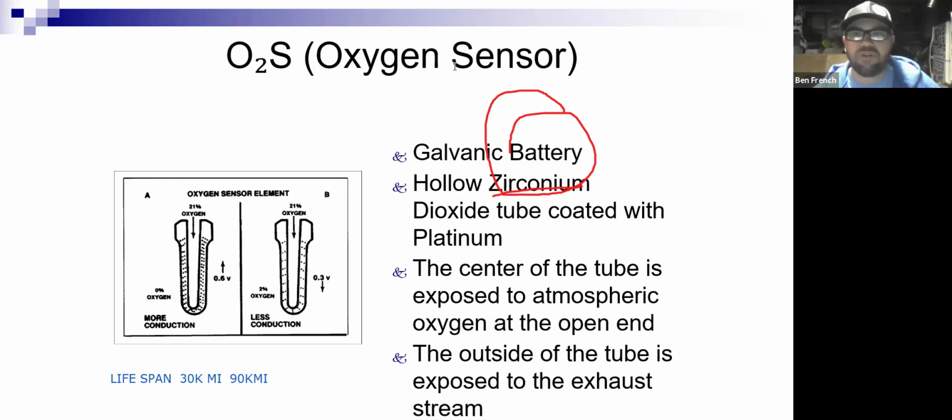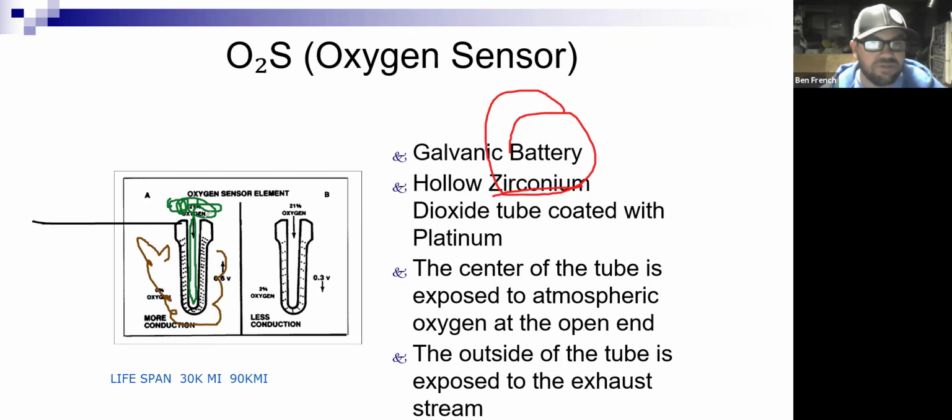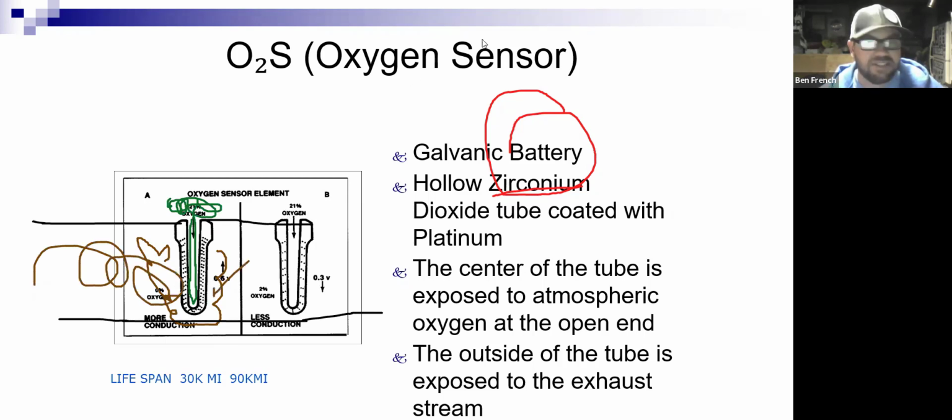Basically, how this thing works, if I look at this graphic right here, he's like an oxygen comparator. He's comparing how much oxygen is on the inside of the sensor element versus how much oxygen's on the outside of the sensor element. Now, what you can't see, because it's not in my picture, is this sensor is screwed into the exhaust pipe here. So what's going down the pipe is exhaust gases on the top body of the sensor.